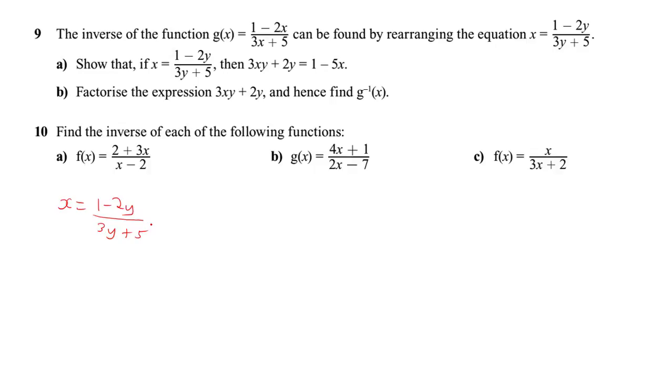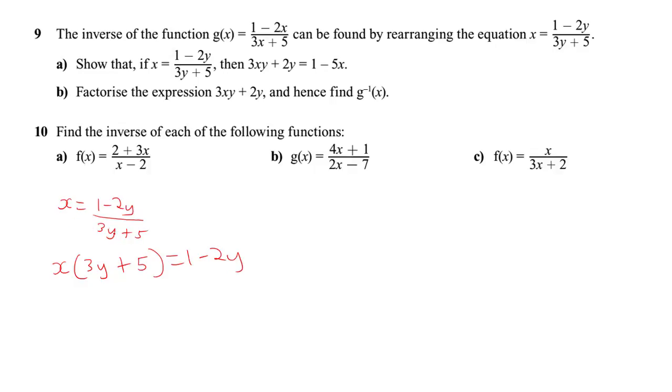Now, all I want to do now is to do the opposite. So basically, I'm just going to times x by that. I'm going to have x bracket 3y plus 5 equals 1 minus 2y. So I'm timesing this side.